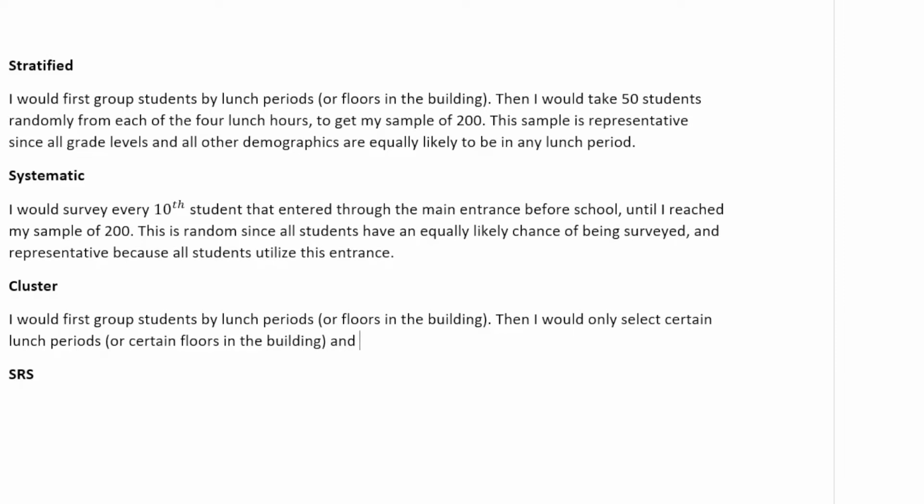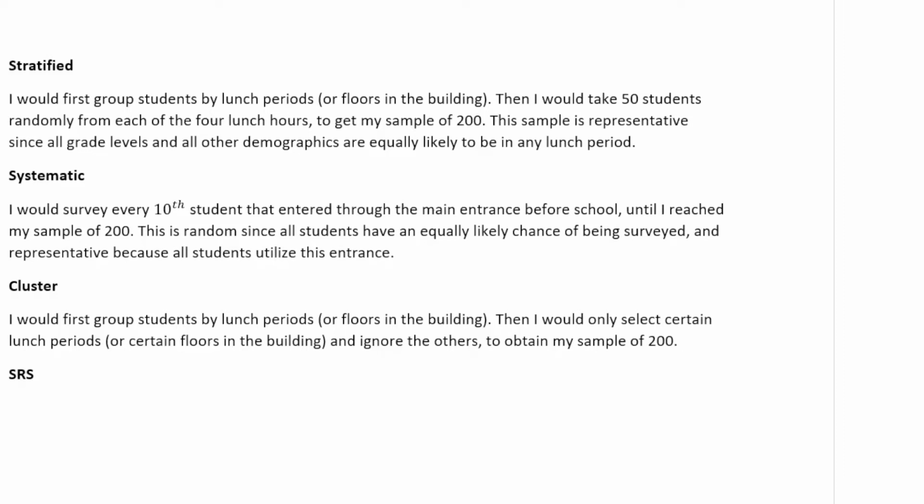And again, now we just need to get back to how we're getting our sample. So we picked certain groups, and we're going to ignore the others to obtain my sample of 200. So you're explaining to me that you're only looking at certain groups, and you're going to ignore those others, so that's a good cluster sampling to obtain my sample of 200.